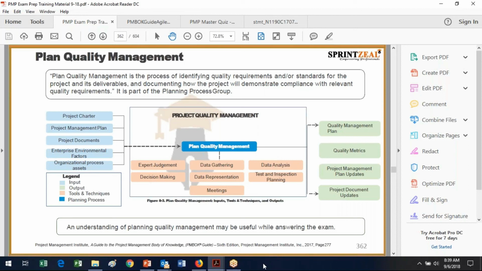So those are all the tools and techniques of the plan quality management process that lead to the outputs, including the quality management plan. And again, that follows very well with the name of the process. And then we'll come up with quality metrics and potential project management plan and other document updates.